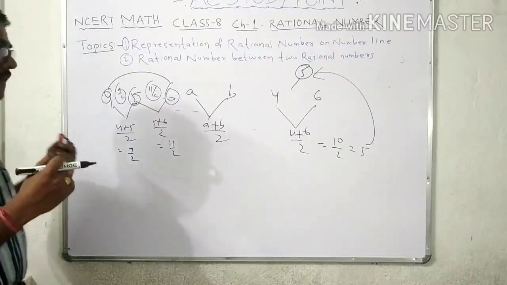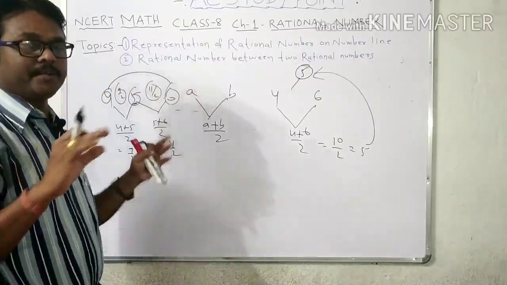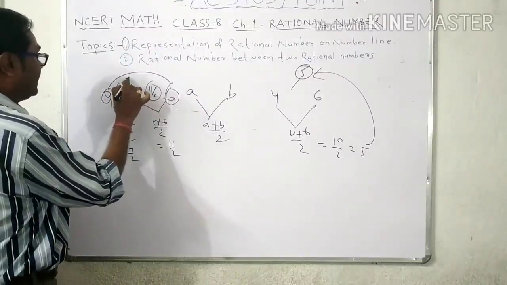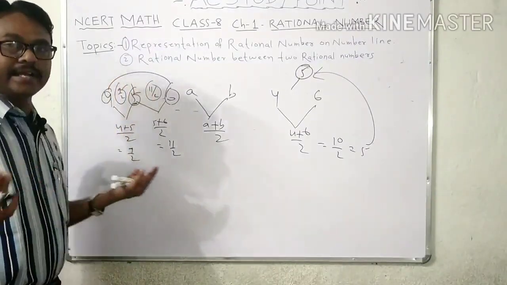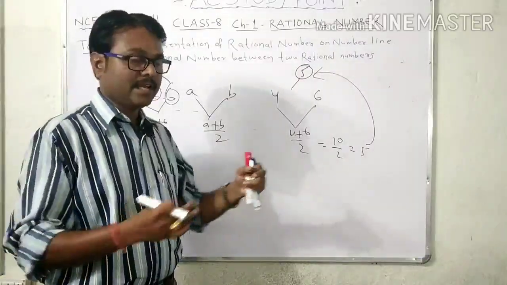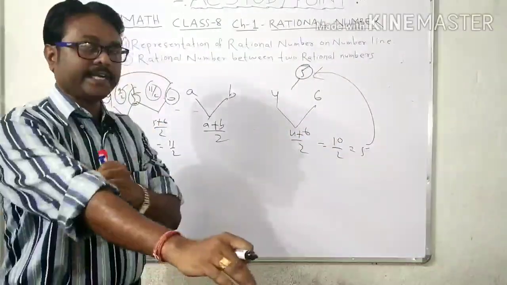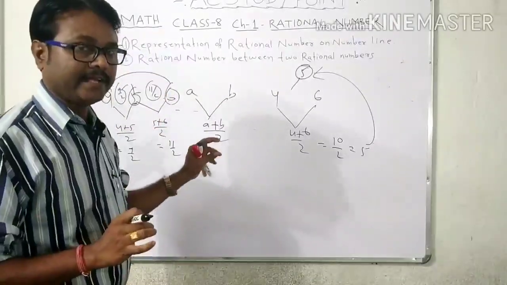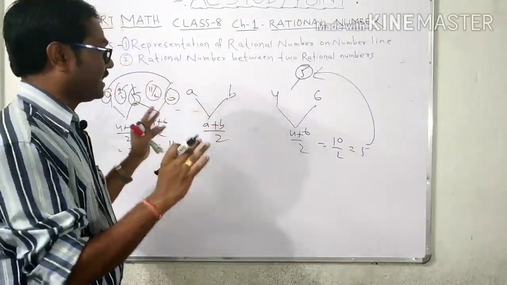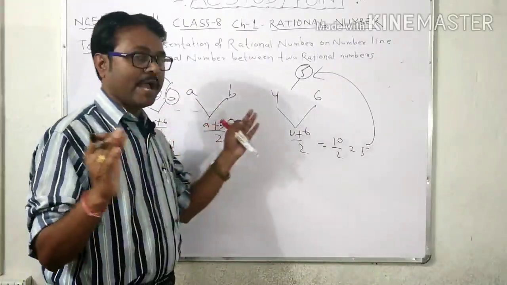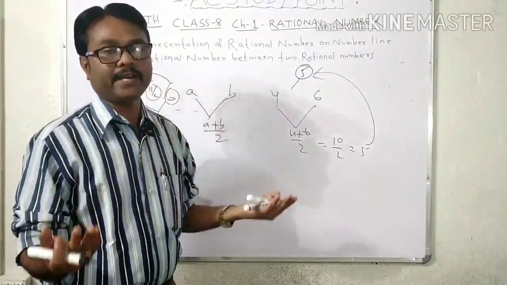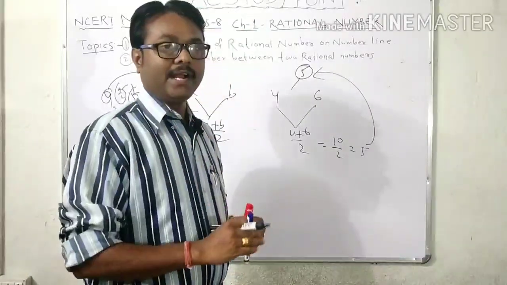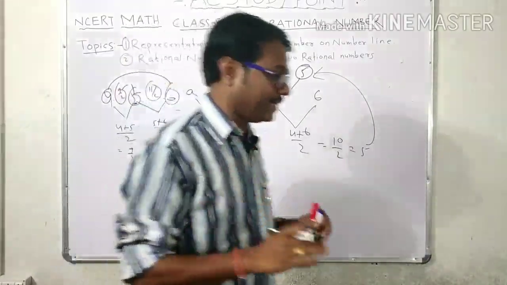In this way you can find as many rational numbers as you want between any two rational numbers. In the simplest way, if two rational numbers are given, you add the two numbers and divide by 2. Simple.